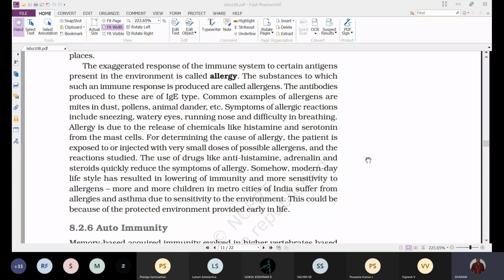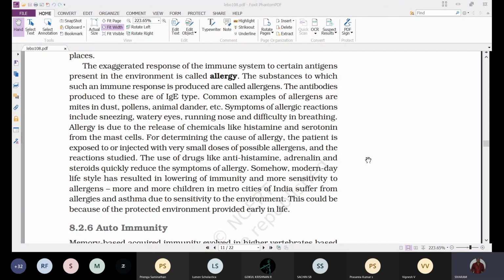primarily. So for determining the cause of allergy, how can we identify that a person is allergic to a certain substance? For determining the cause of allergy, the patient is exposed to or injected with small doses of possible allergens and their reactions are studied.